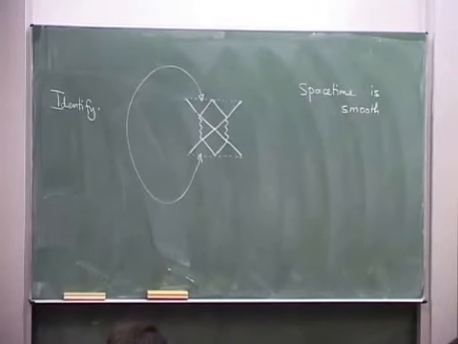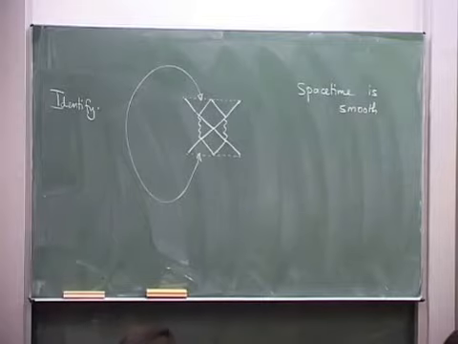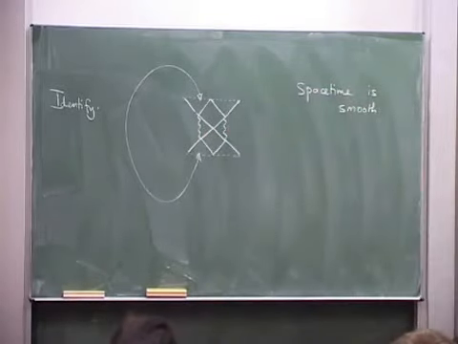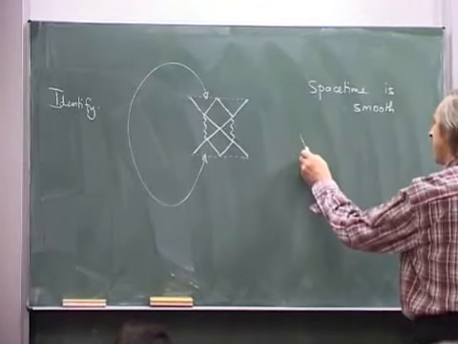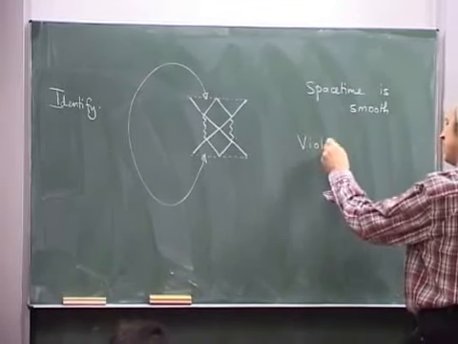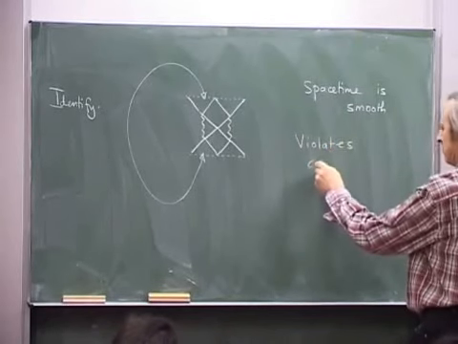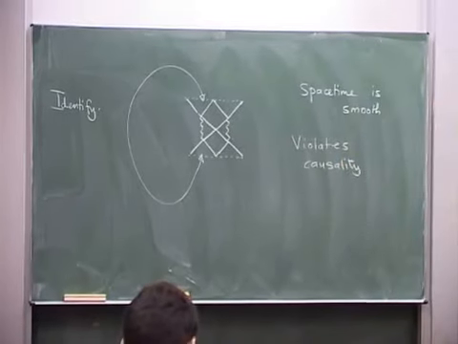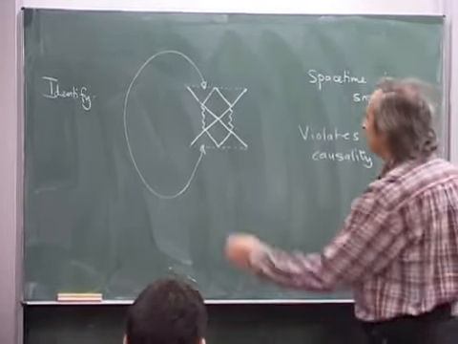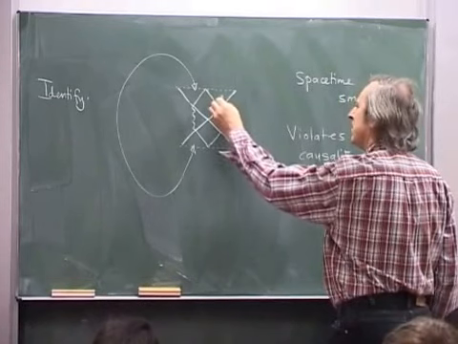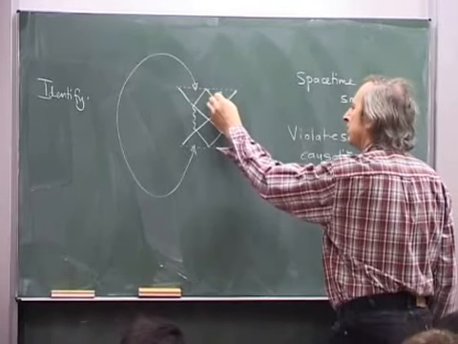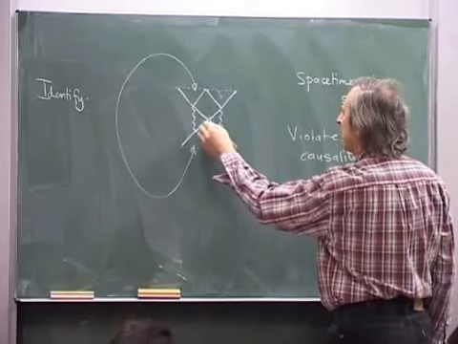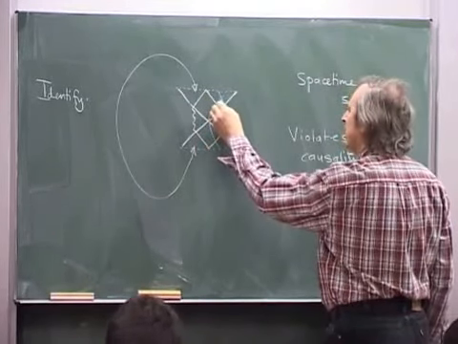This space-time, being smooth, only having singularities here, has an obvious pathology, namely it violates causality. Meaning, suppose I move in a causal direction, so I start here, I move to the future, say like that. That's the same point as this one. I can come back here and arrive here.